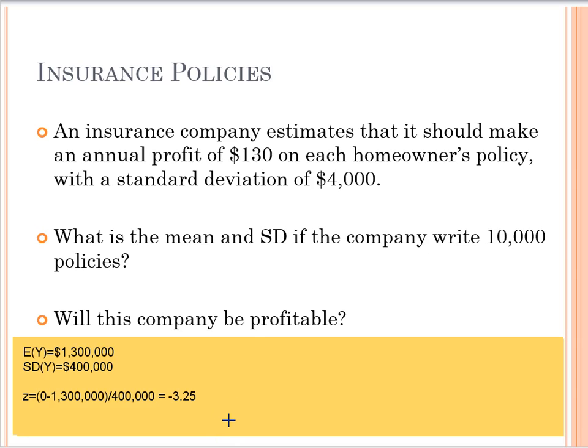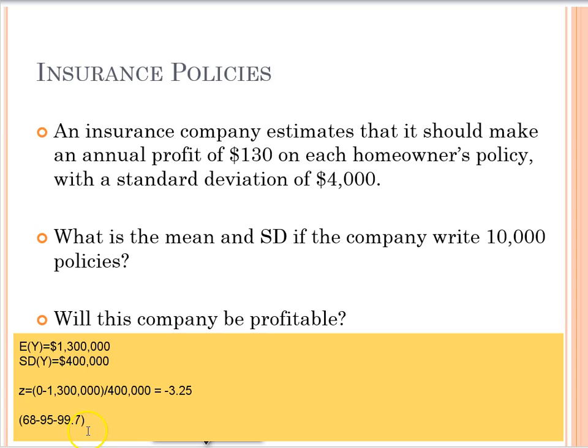So the z-score is negative 3.25, and what that means is having zero profit or an unprofitable company is 3.25 standard deviations below average. And what that means is it's highly unlikely this company is unprofitable. So most likely this company will be profitable. And the way that we can tell that is because of this z-score. Remember the 68, 95, 99.7 rule.